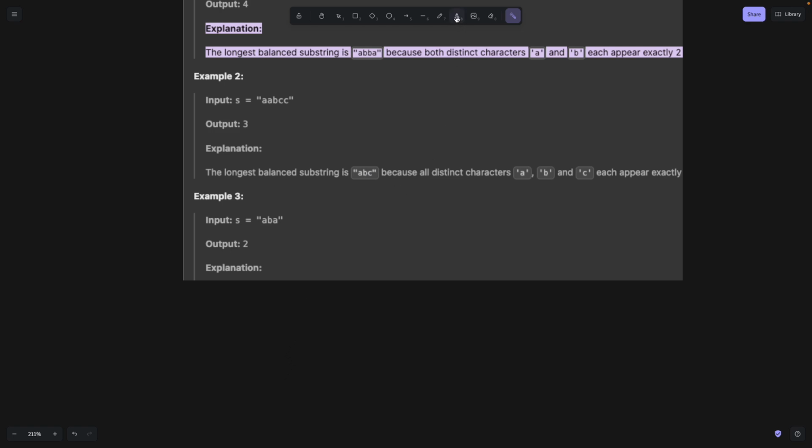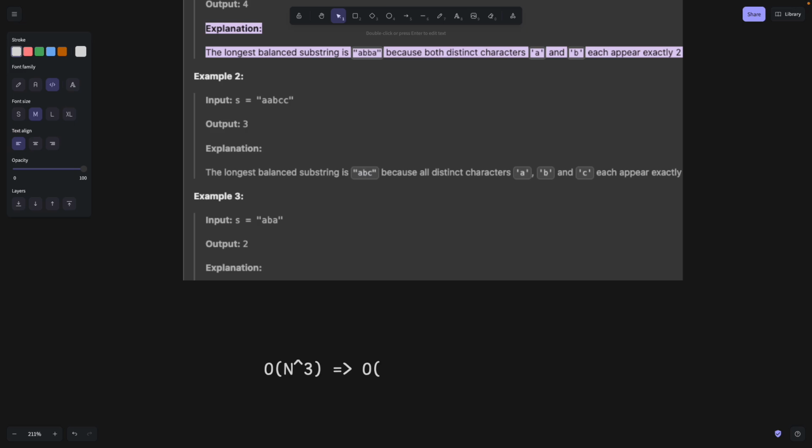That is going to be order of n cube, and if we optimize further by storing the prefix count of each of the characters, then we can definitely get this under order of n square.